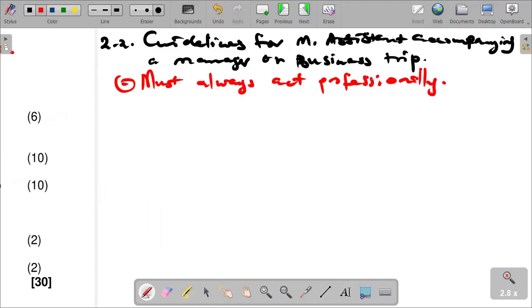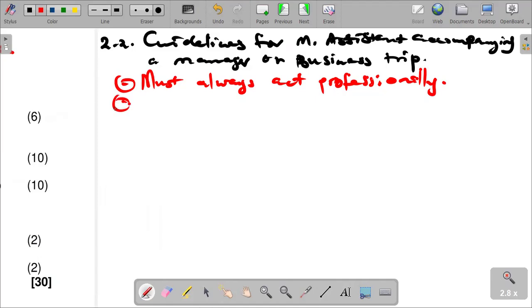When a management assistant accompanies the manager on a business trip, there is always a code of conduct. The professionalism, the ball of that must not be dropped.